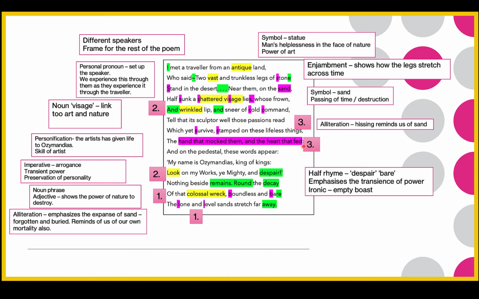You may decide that you can fit in a 3rd quotation at some point, maybe not in every single section, but you may decide, actually, I've got 3 quotations that I think I could use. Remember, a quotation does not have to be a full line. A quotation can just be 1 word as well. So sometimes you can seamlessly include shorter quotations in your response as well.